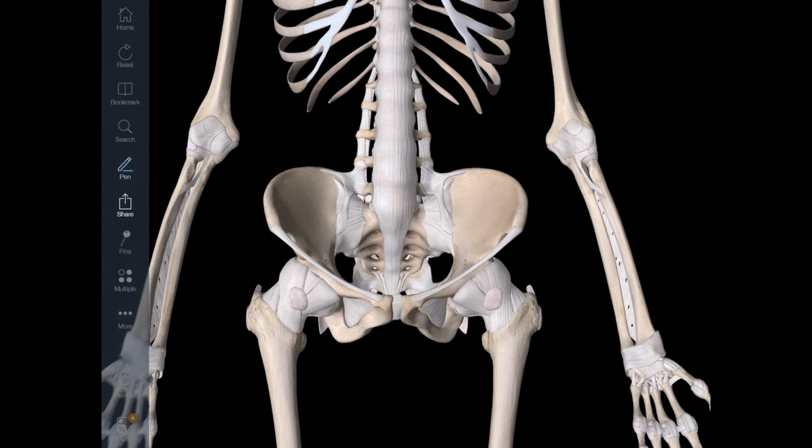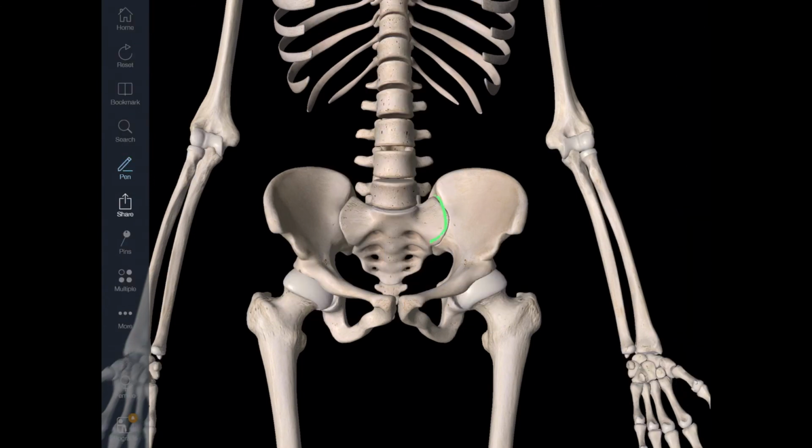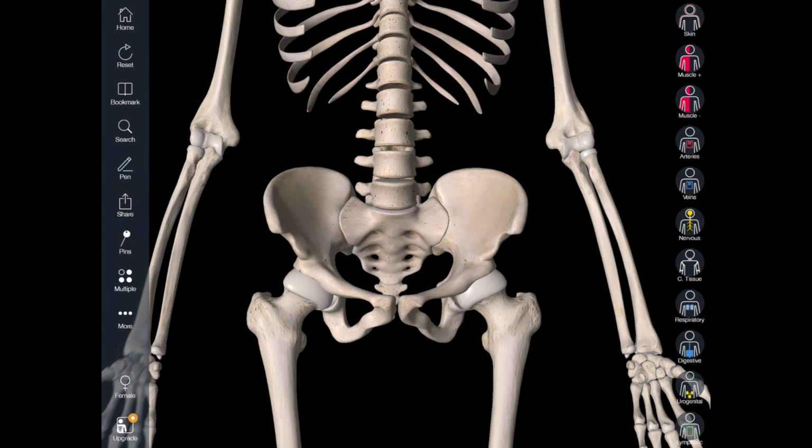The sacroiliac joint, let's get rid of our connective tissue again here so we can see it better. The sacroiliac joint is here, where the sacrum and the ilium come together. And then the third joint: we have sacroiliac joint, pubic symphysis, and sacrococcygeal joint.